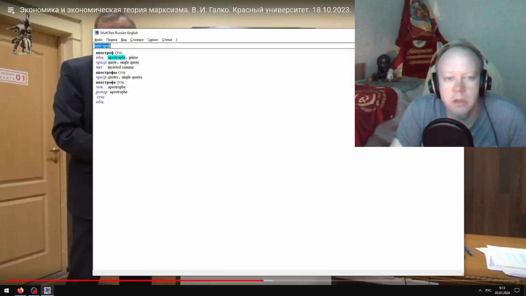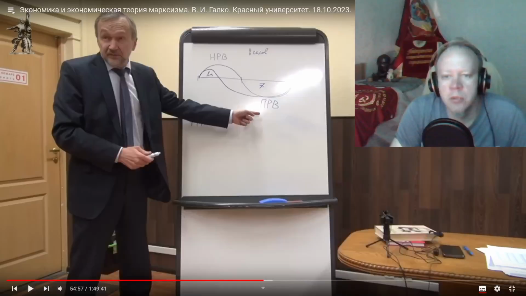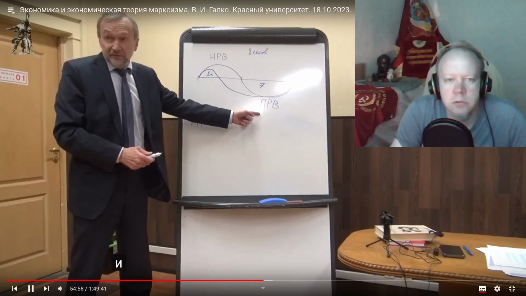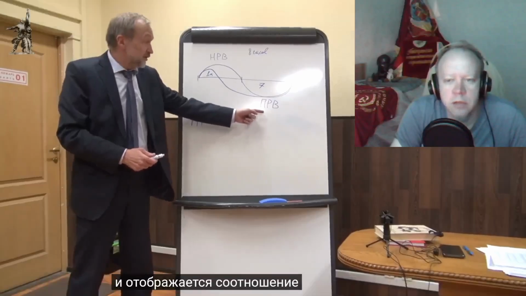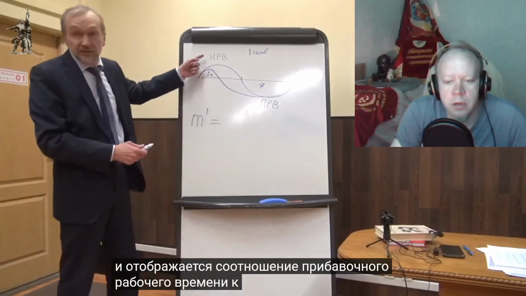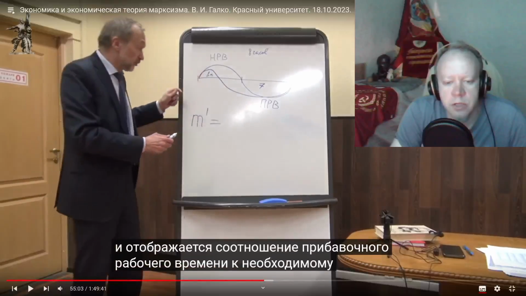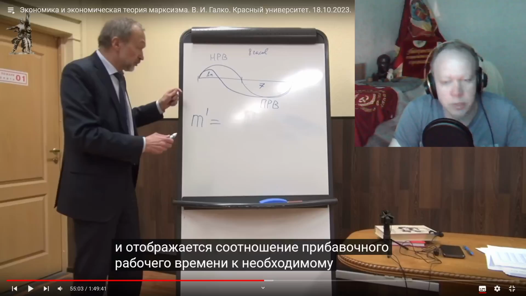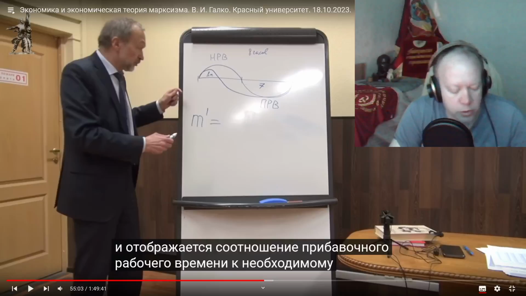It's called prime. So M prime, and this is a ratio between the surplus work time and the necessary work time.